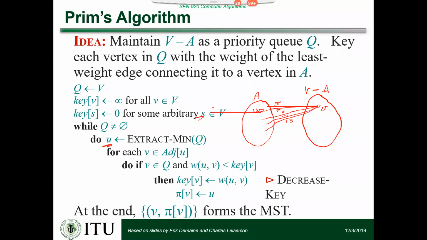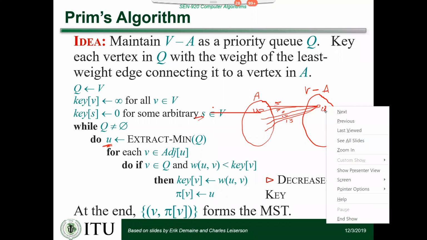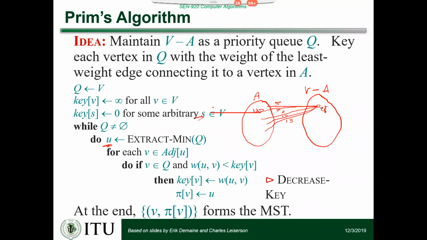And then what we need to do next is to do update. What I mean is this. Let's say V is the vertex. I'm sorry, let's call this U. So this is U, and now U got extracted as the vertex whose key is the smallest, meaning the cross edge incident to U is the smallest among all the cross edges.